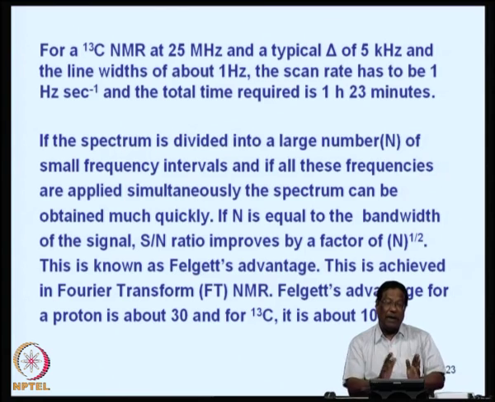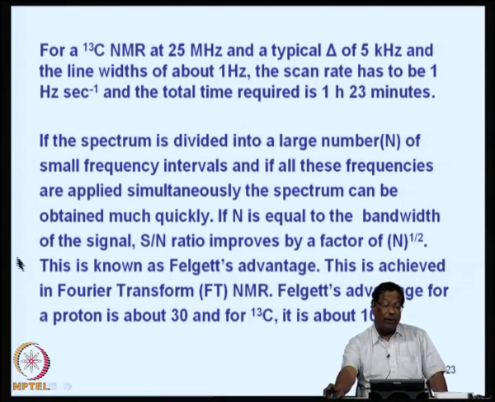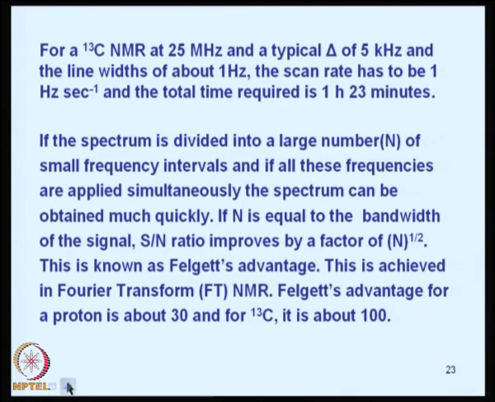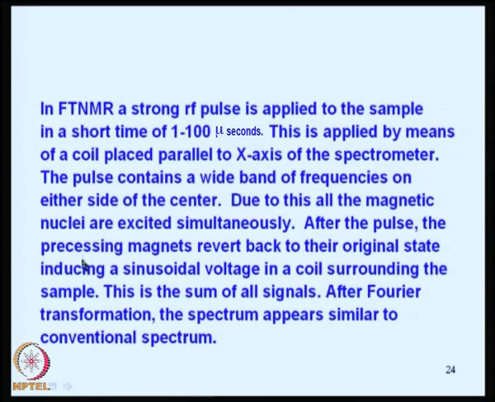Now, the same thing can be applied in the case of NMR, and to obtain Fellgett's advantage, this is achieved by Fourier transform NMR. So, Fellgett's advantage for a proton is about 30, and for C 13, it is about 100.